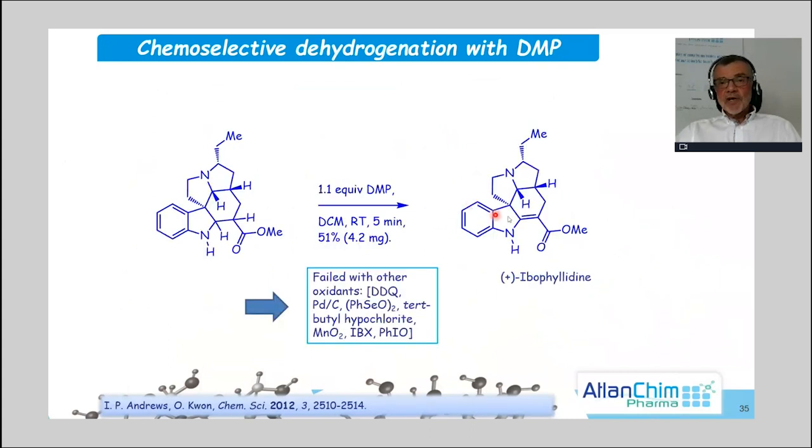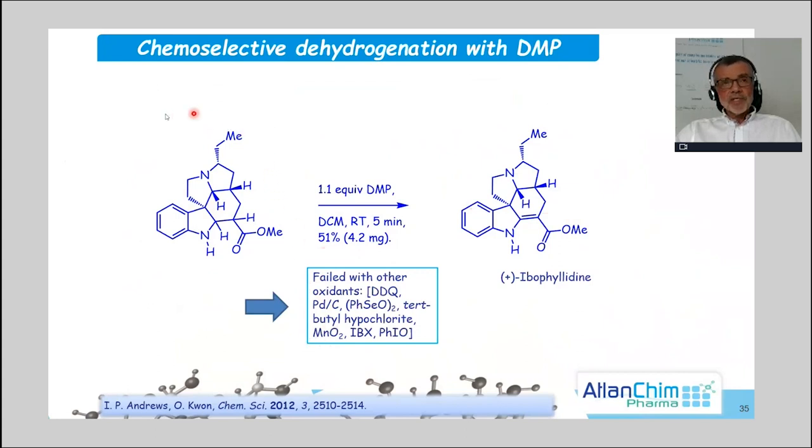For the final step here, in the total synthesis of this terpene indole alkaloid, oxidation of this indoline unit to provide the desired alpha-beta unsaturated ester motif using different oxidant conditions failed.